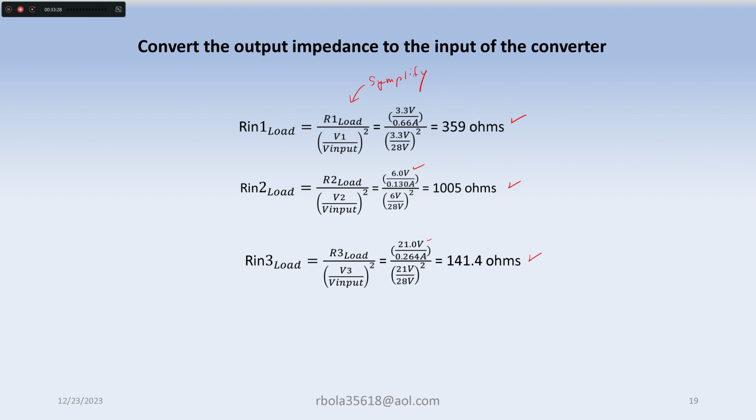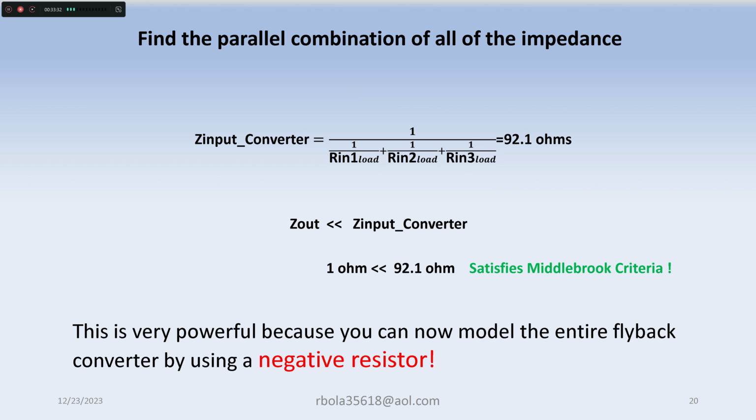So then, once you have the three, you put them all in parallel, and you come up with the input impedance of the converter. In the example that I've used, the input impedance of the converter is 92.1 ohms.